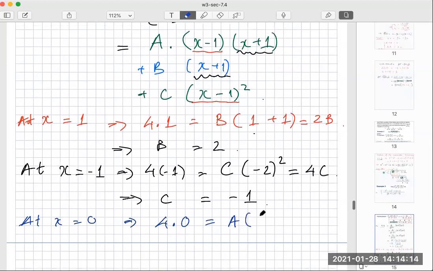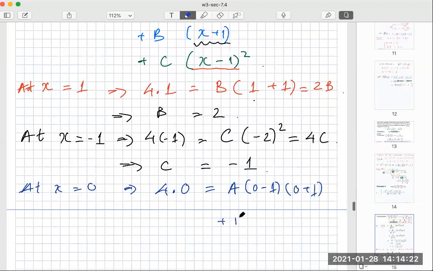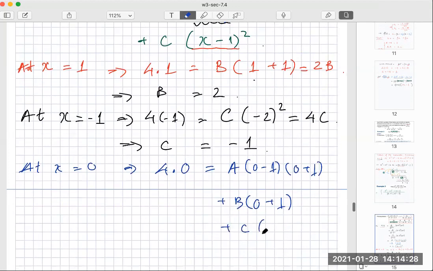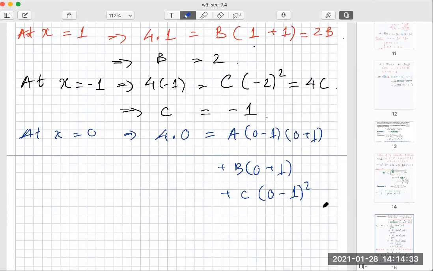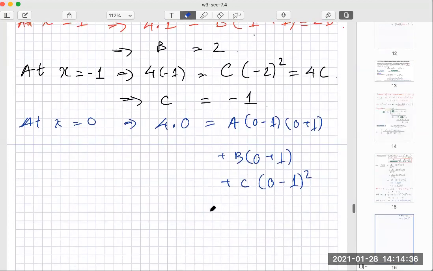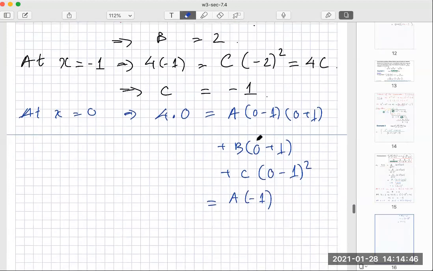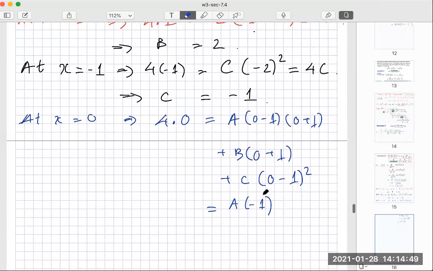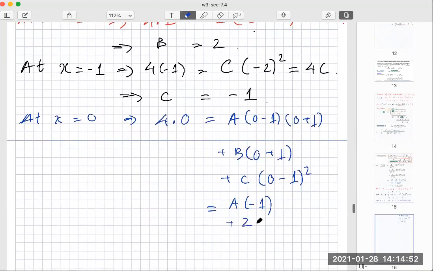A times 0 minus 1 times 0 plus 1 plus. Very good. And C. Okay, good. Do we know B and C? Yes. So A times this one would be -1. It would be A times -1. And B here times 1 will be 2.